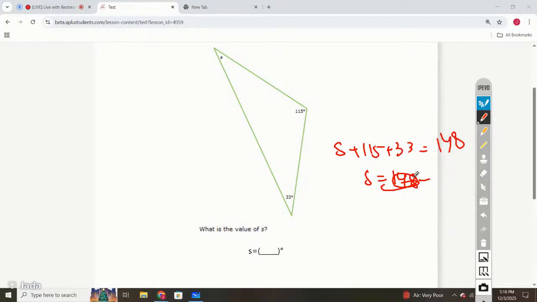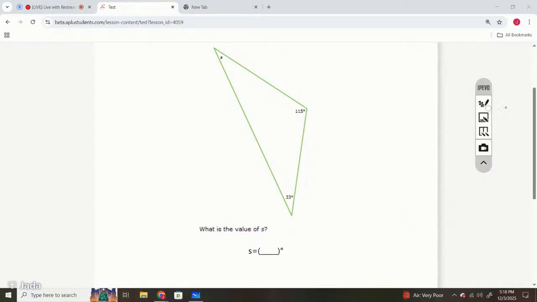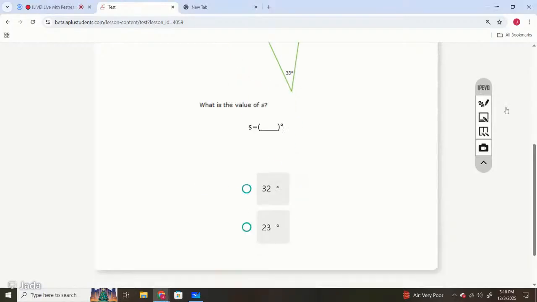You need to subtract it from 180. 180 minus 148 is 32 degrees. The correct option is 32 degrees.